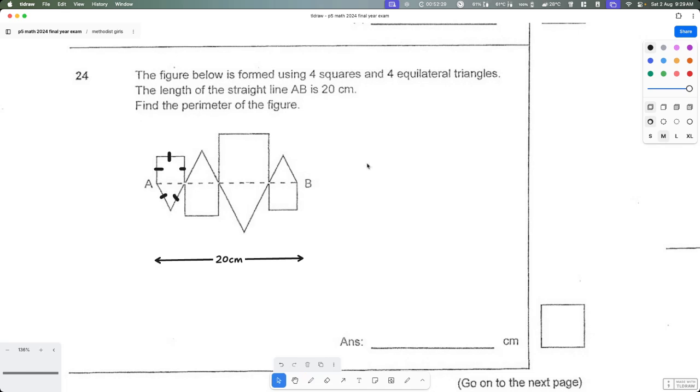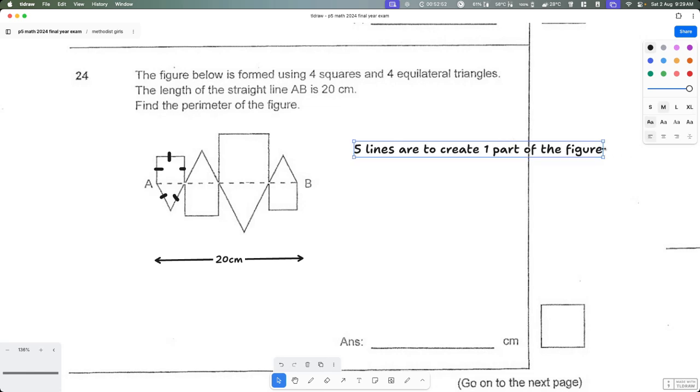Okay, so one part of the figure, basically 5 lines to create one part of the figure, right?